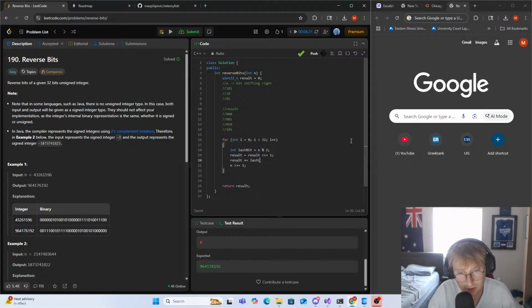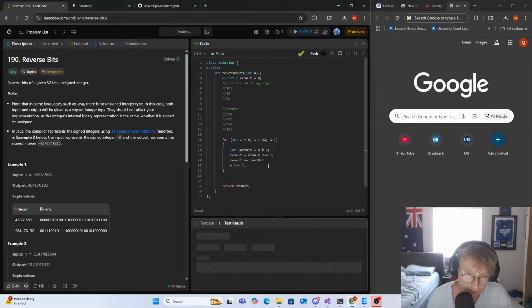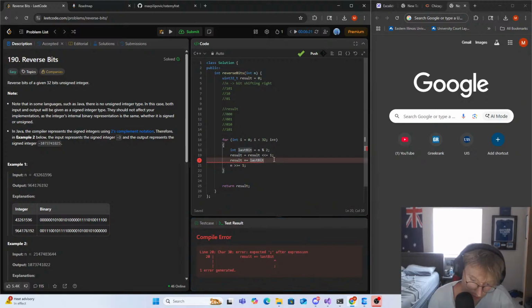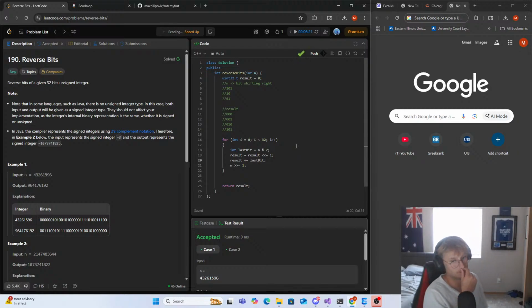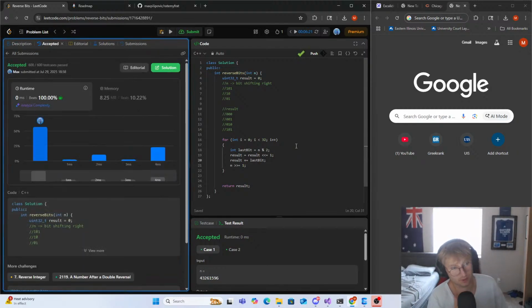Result plus or equal to the last bit? Would that work? Oh my gosh, I forget the semicolon every time. There we go. Does that work? There we go, that works. Okay.